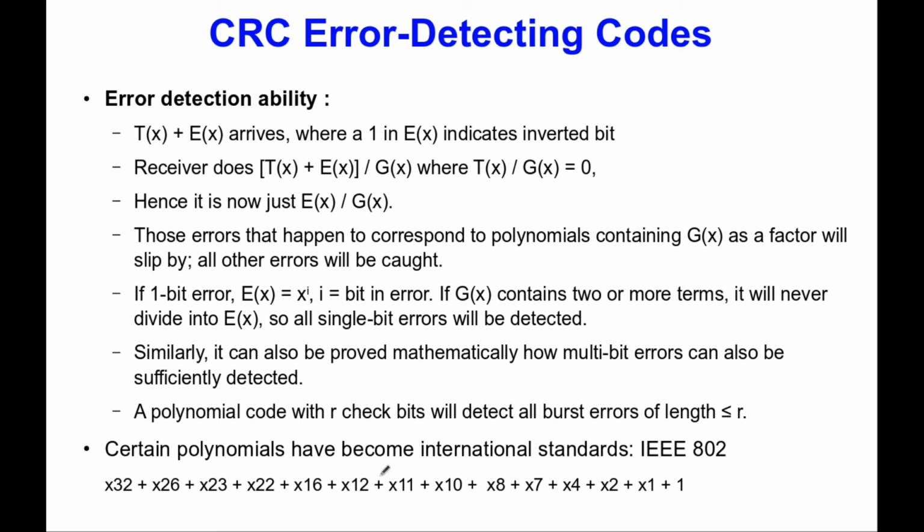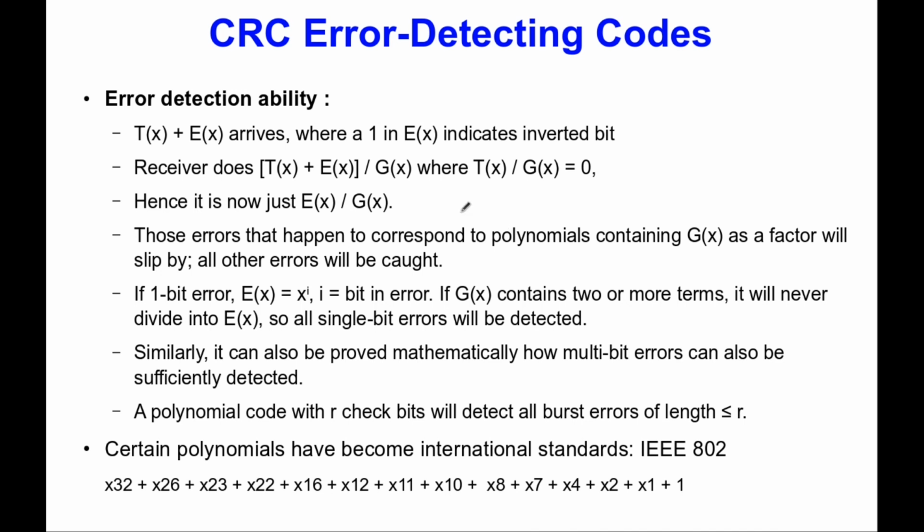This is a polynomial. You must take all those as powers of x. They are wrongly printed as x32 here. So x raised to 32 plus x raised to 26, that's a polynomial that has become an international standard for the generator polynomial Gx.